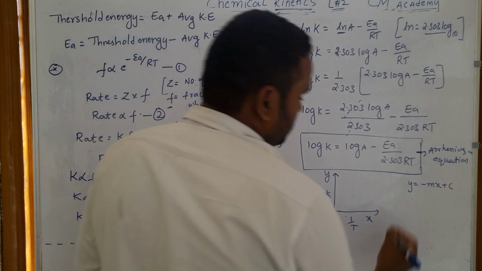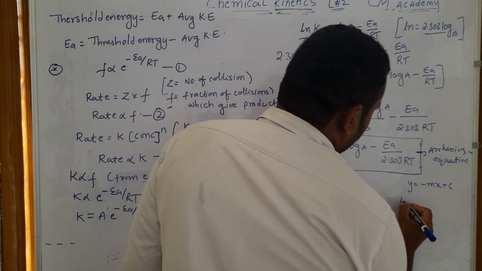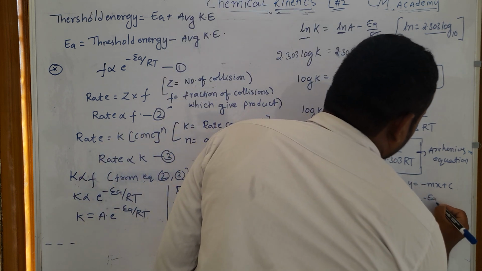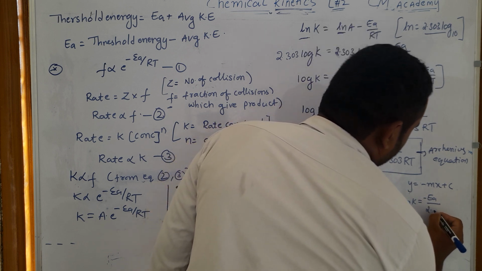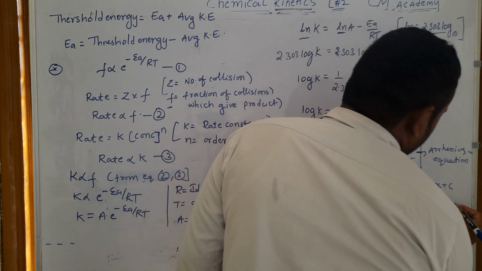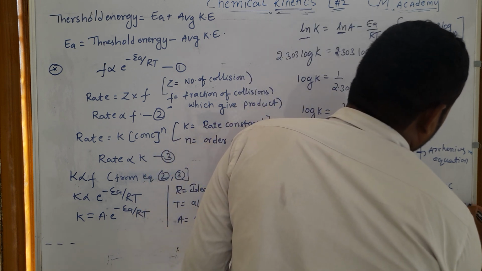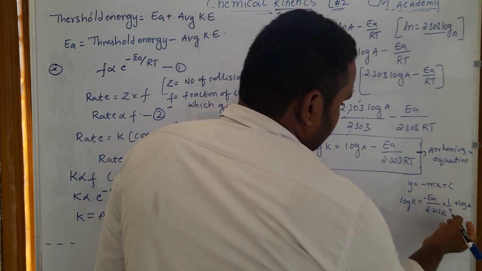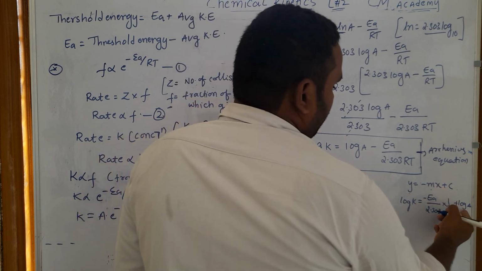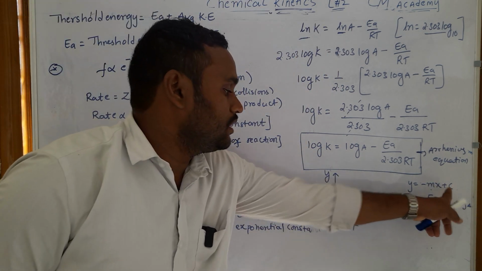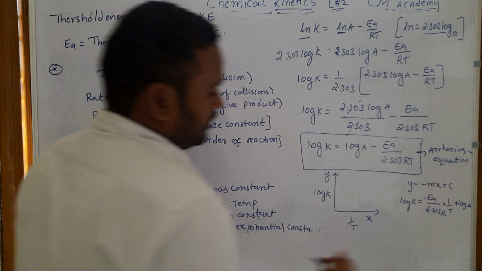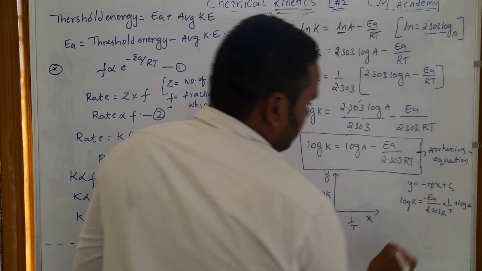Here on the y-axis I took log k, that is equal to minus Ea by 2.303 R into 1 by T plus log A. So 1 by T is the x, minus Ea by 2.303 R is the m, and log A is equal to c. So here c is the intercept and m is the slope.